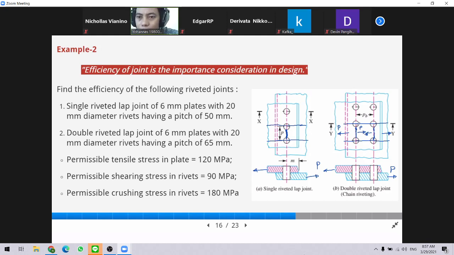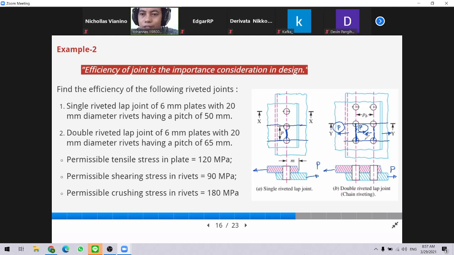Because along the pitch direction, the same load P always works for each column. So it will not change the formula.